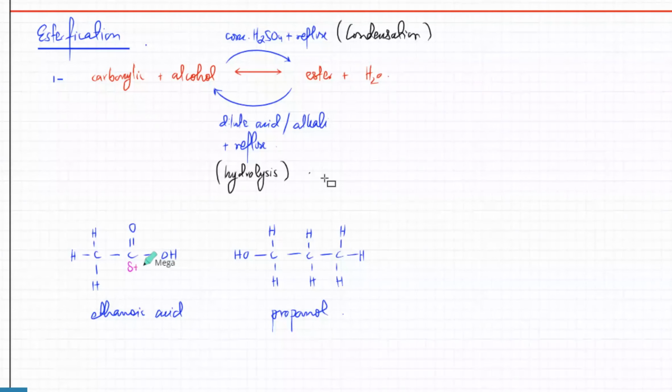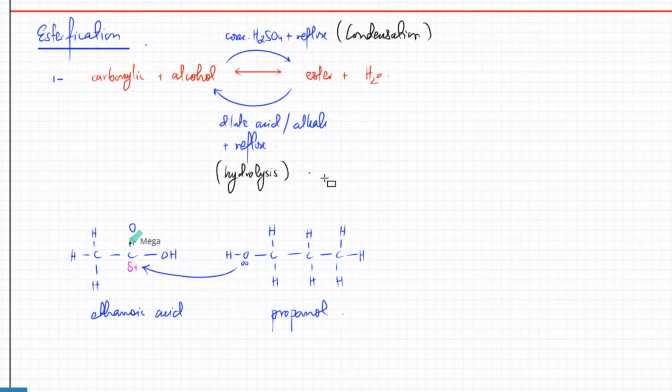Now what happens is, the reason why esterification happens in the first place is that this carbon has got a positive charge. And the OH over here, let me just keep the H separate, the OH over here has lone pairs. So the lone pairs of the OH of the alcohol are going to get attracted to the carbon, which is positive.